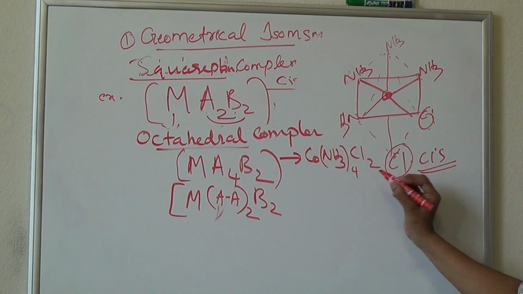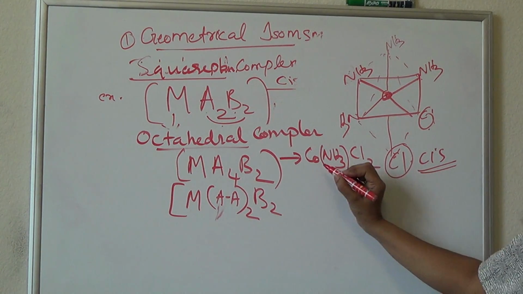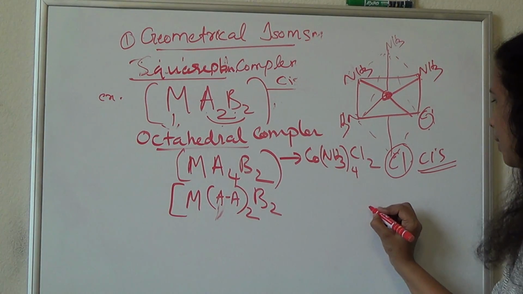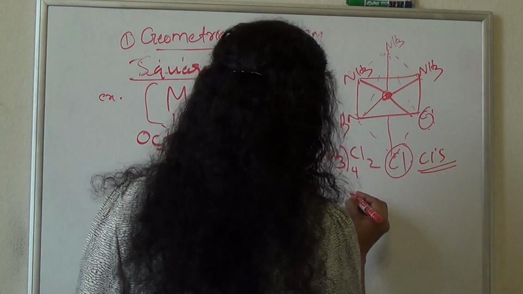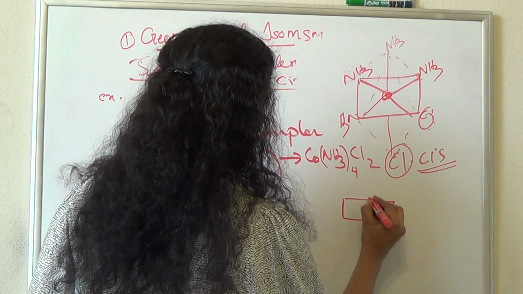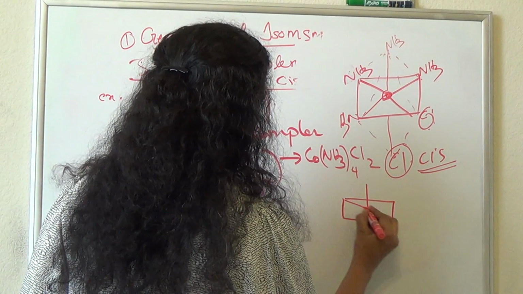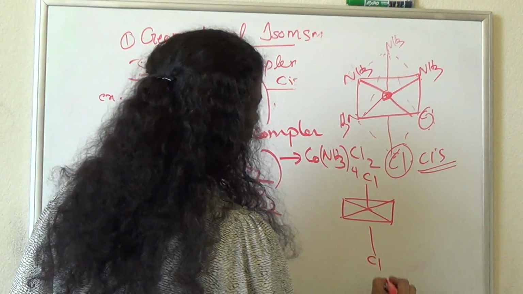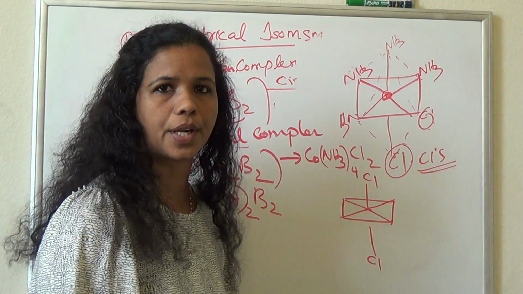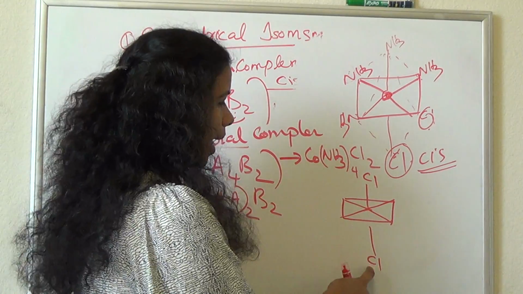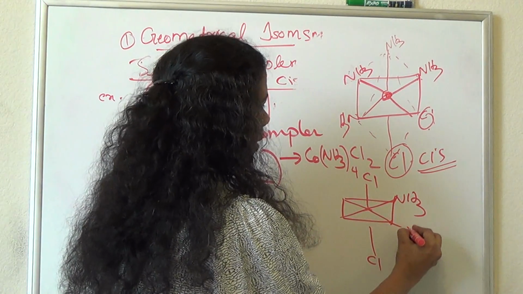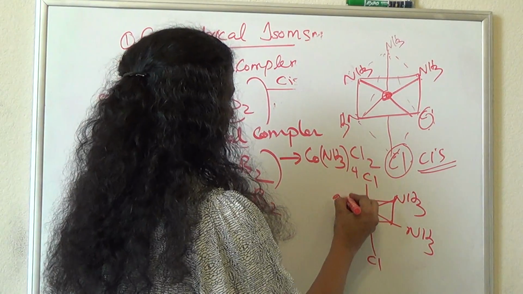So this is cis tetraamminedichlorocobalt(II). Then I will draw the trans isomer too. In the trans isomer, chlorines are on different sides of the octahedron. One above the plane and one below the plane. This is an example for trans isomer.